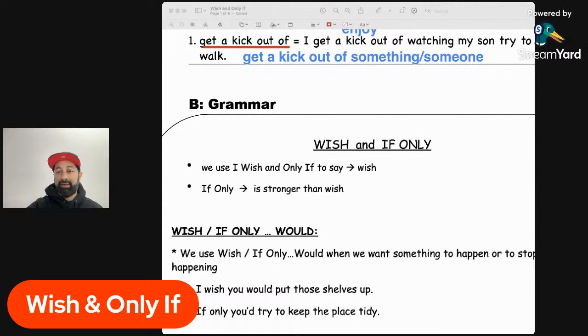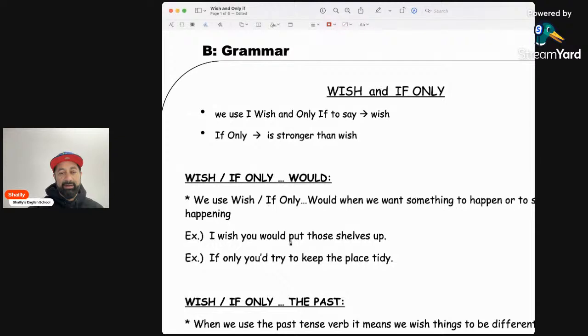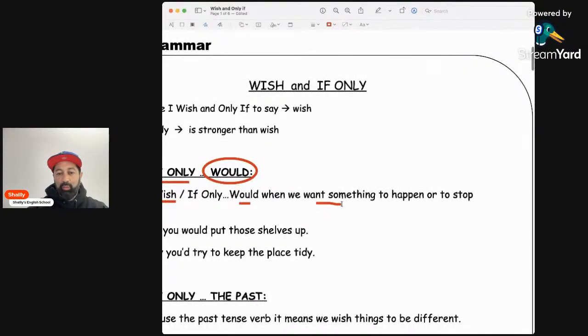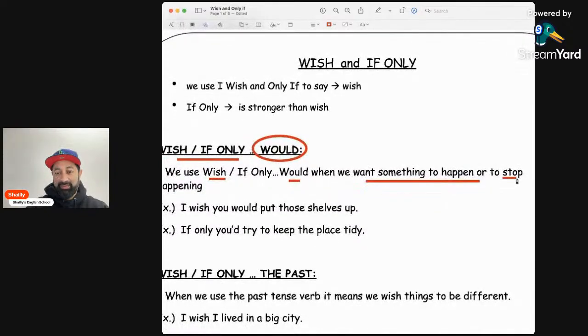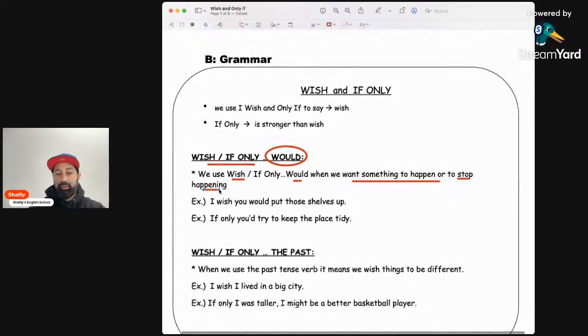All right, so let's hide this, get that off the screen. Let's look at the first way we look at wish. We're going to look right here, wish or if only. Then we have the word would. So we use these together in a sentence. If we use wish and would, this means we want something to happen, or we want something to stop happening.